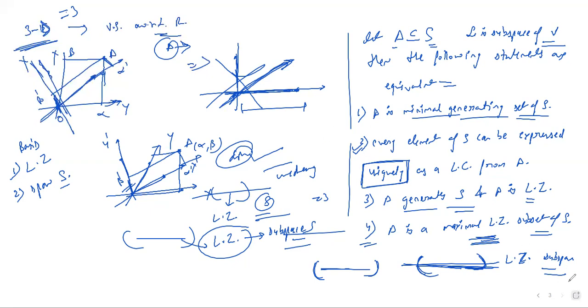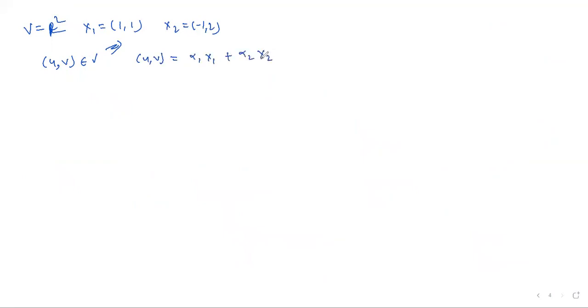Okay, let's see it like this. Suppose I have a vector space R square, and the points are x1 as (1, 1) and x2 as (-1, 2). I have 2 points. Then for any point, let's say (u, v), which belongs to this vector space V, I can write this point as a linear combination: (u, v) equals alpha 1 x1 plus alpha 2 x2.